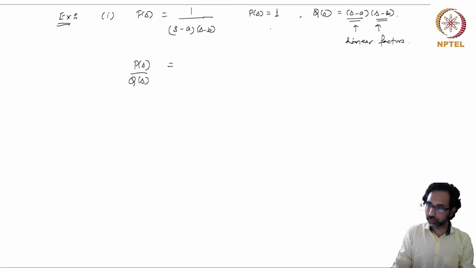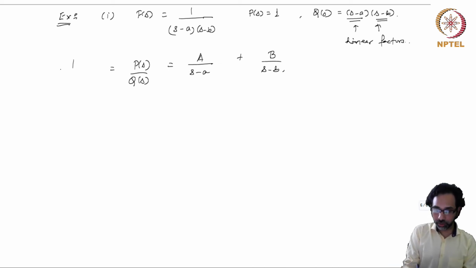So for the first factor, s minus a, we write it as A over (s minus a). And for the second factor, similarly, we write B over (s minus b). So this is our 1 over (s minus a) times (s minus b).